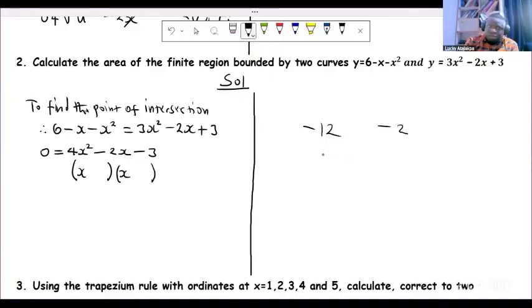What are those two numbers? Oh, sorry, there's an error here. If minus x crosses, it will become negative x, not 2x. Sorry. So it will be 4x squared minus x minus 3.